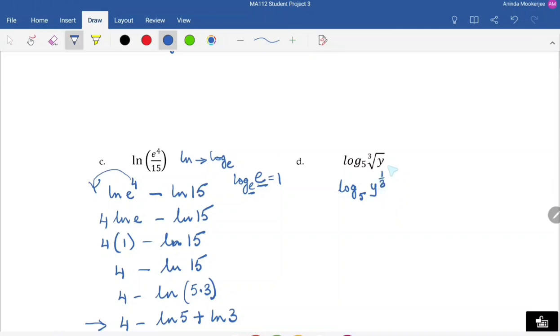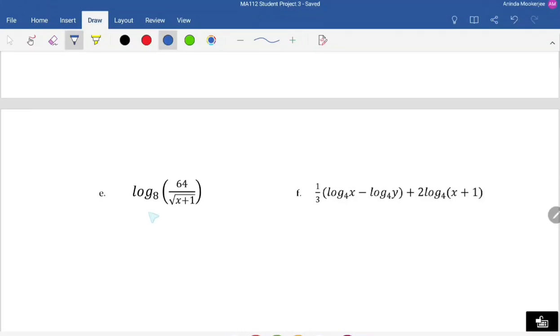And now that we have an exponent of 1/3, we can apply the power rule and rewrite it by multiplying log base 5 of y by the exponent, which is 1/3. So that would be 1/3 log base 5 of y. All right, and that's how far we can go with this problem.